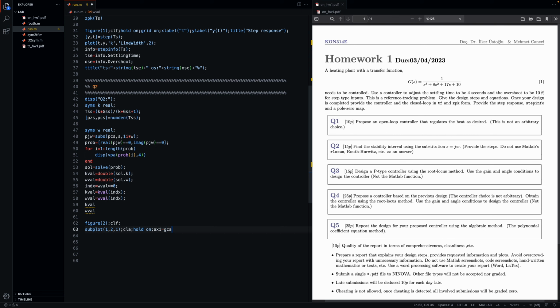Maybe ax1 and that's it. So subplot 1, 2, 2, ax2. Yeah, let's have rootlocus gs, ax1, gs, and ax2, minus gs. And I know that the first one is basically the negative one, so ts is going to be feedback of k val first times gs, comma 1.